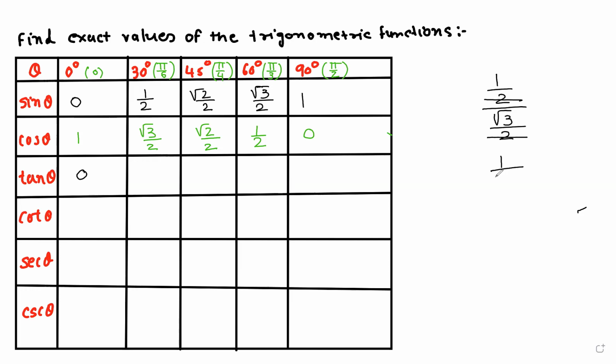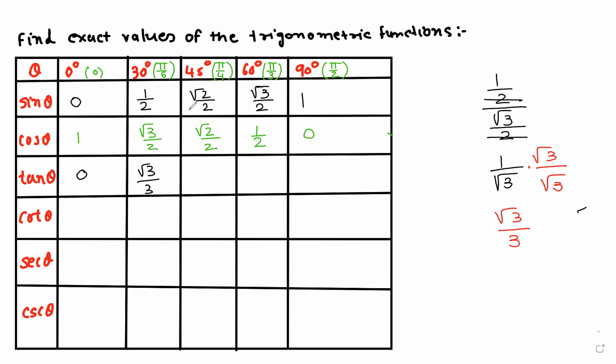So our answer will be 1 over radical 3. We should rationalize our answer by multiplying the numerator and the denominator by radical 3. So our final answer is radical 3 over 3. So tangent 30 degrees is radical 3 over 3.